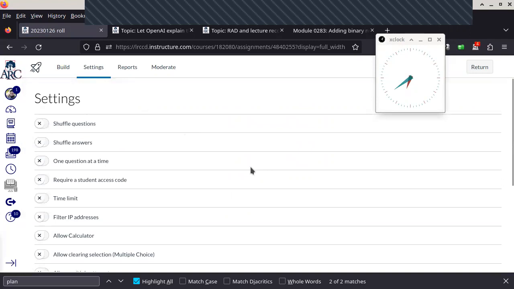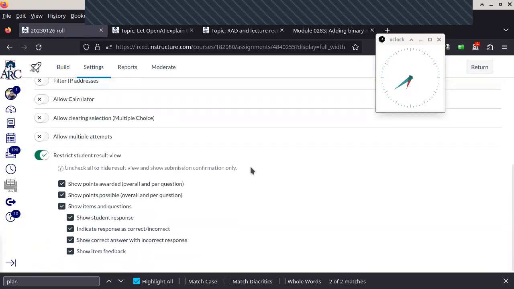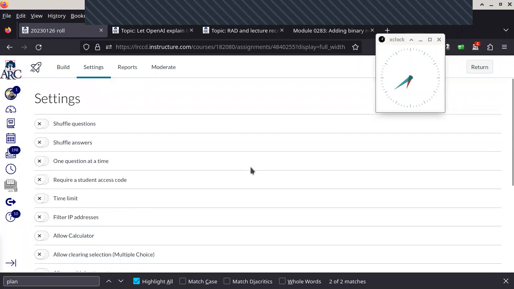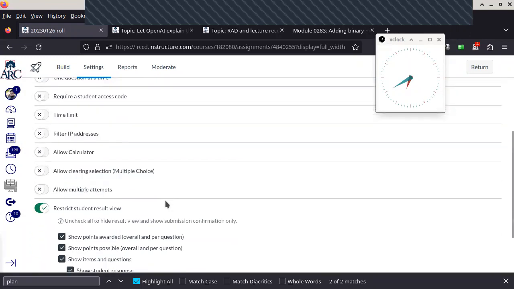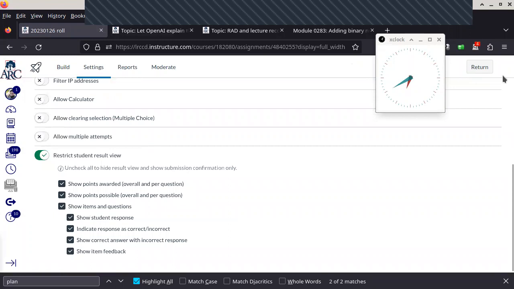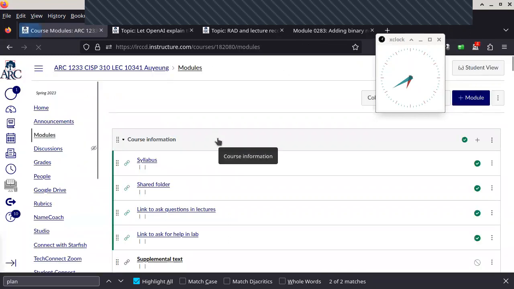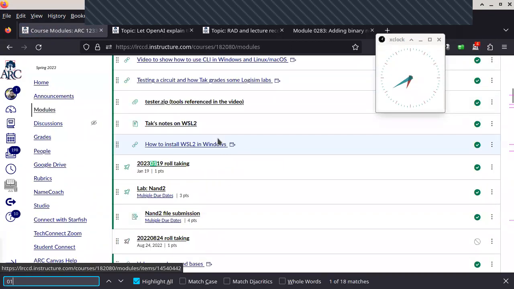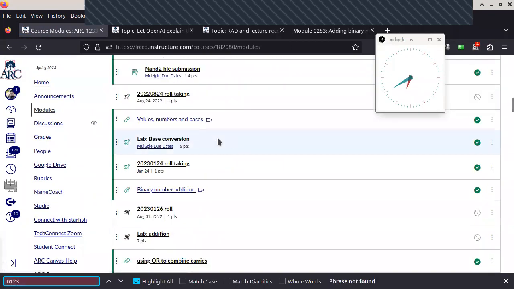It's a little bit different. Oh, I thought I specified the access code, so it's not specified here. All right, so where is it specified?